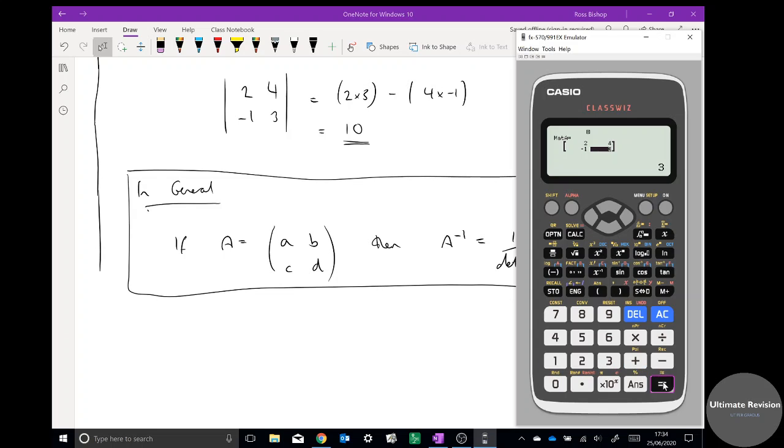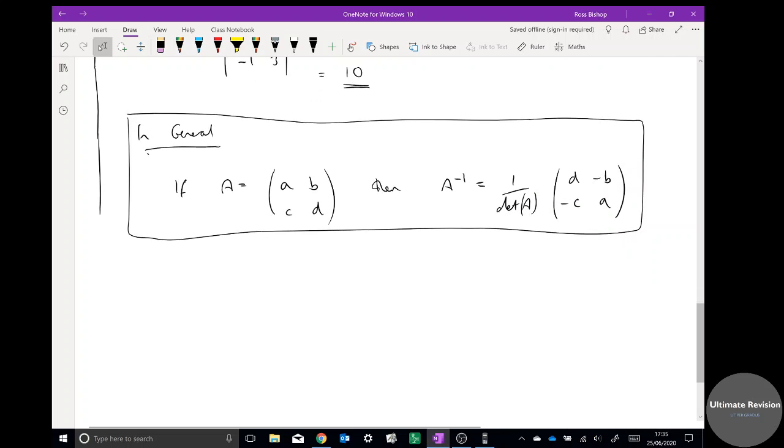Okay, if I clear that, option, matrix A to the power of minus 1, it will give me, yeah, it does give it to us as a fraction, 3/10, and so on. So that's exactly right. So you can get it on the calculator, which is really nice.